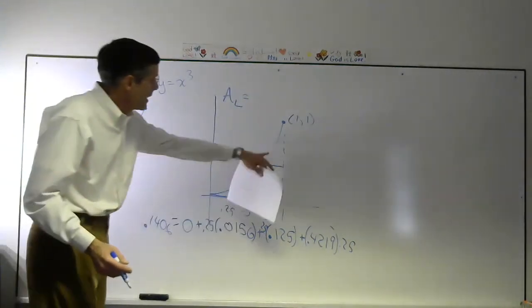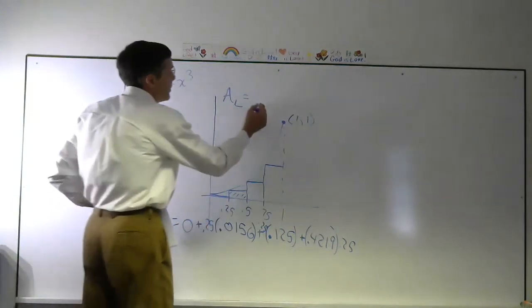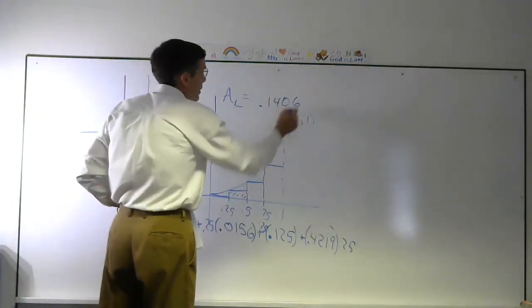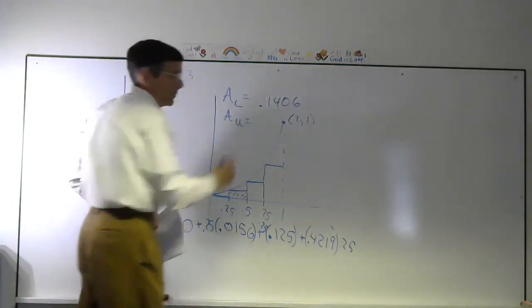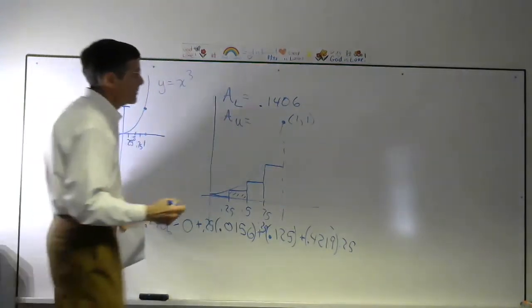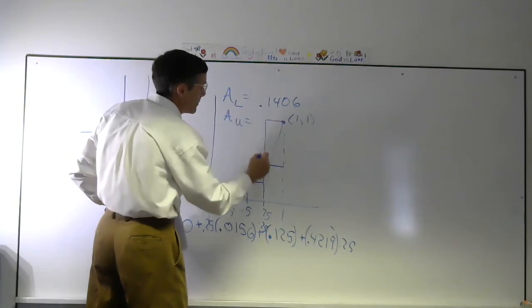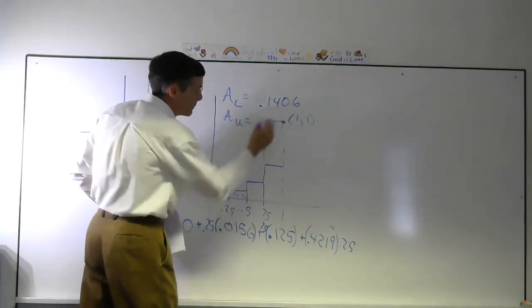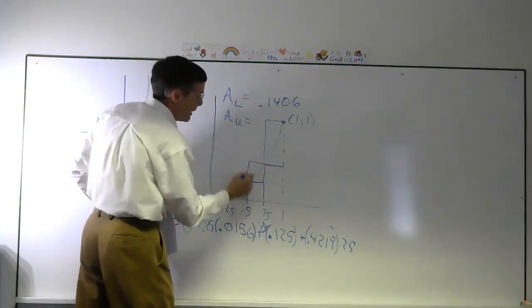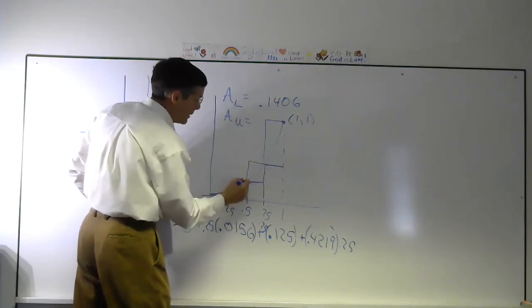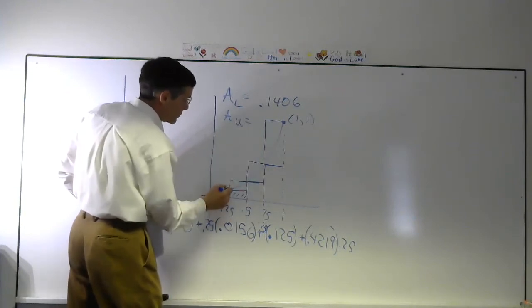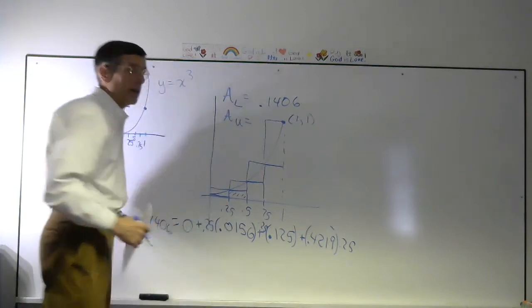Now, there's another way you could have done this problem. Instead of doing the A sub L, which is 0.1406, you could have done A sub U, which is the upper approximation. Start over here and come the whole way down. This whole big rectangle, start here and come down. Start here and come down. Start here and come down.